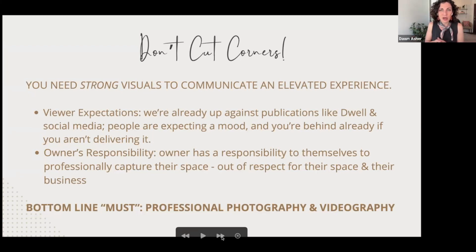There's mood with a quality image. And so we're already up against publications like Dwell and social media. People are already expecting that. So if you aren't there, you're already behind the ball. And it's going to be really hard to lift your business back up after launching, especially with the algorithms of Airbnb, and the way that your business launches really, really matters.